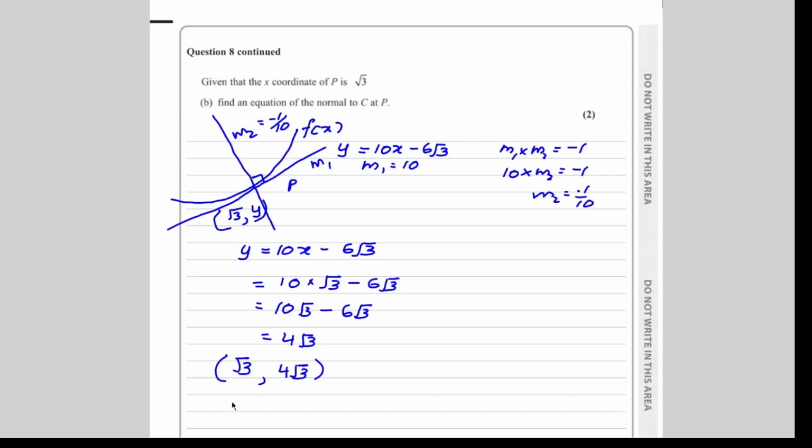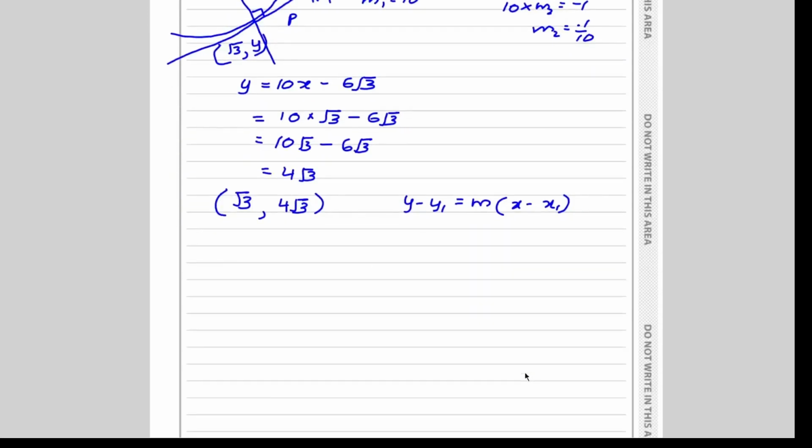Then we can get the equation of the normal: y minus y1 equals m times x minus x1.